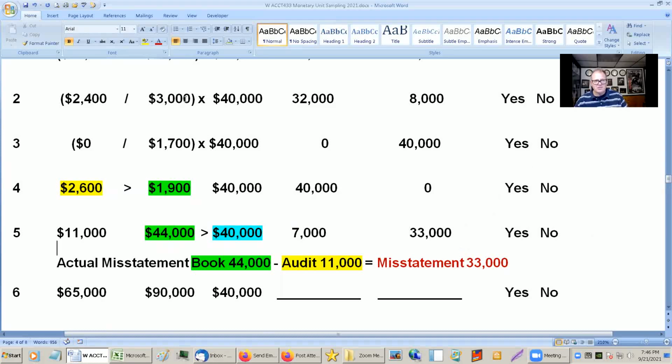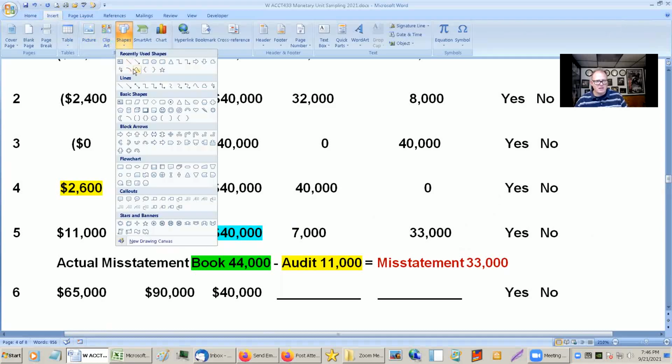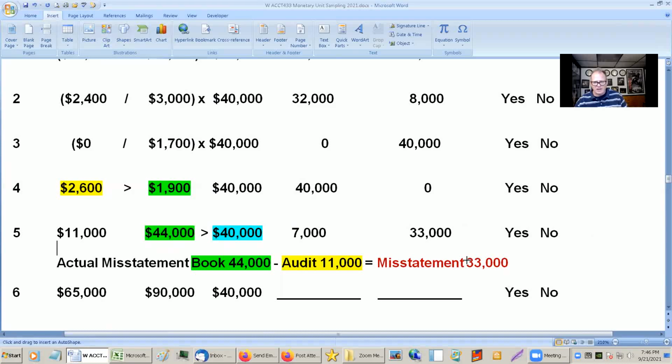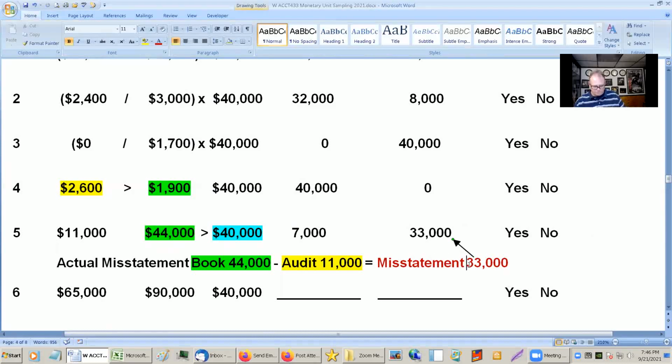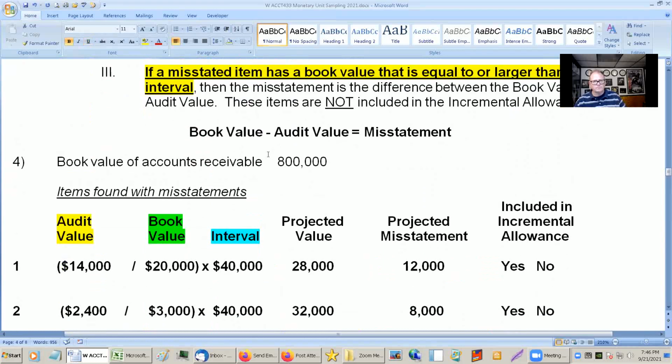So if the book value is equal to or larger than the interval, then it's just this: book value minus the audit value equals a misstatement.